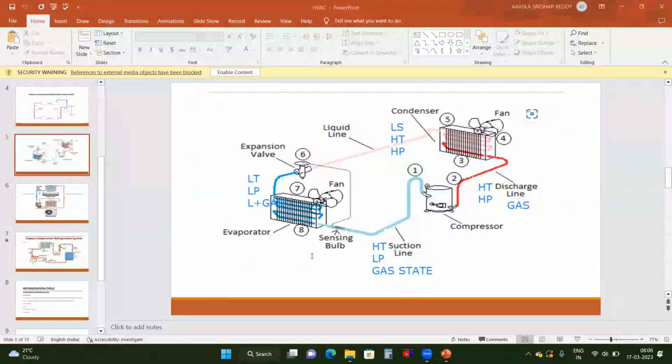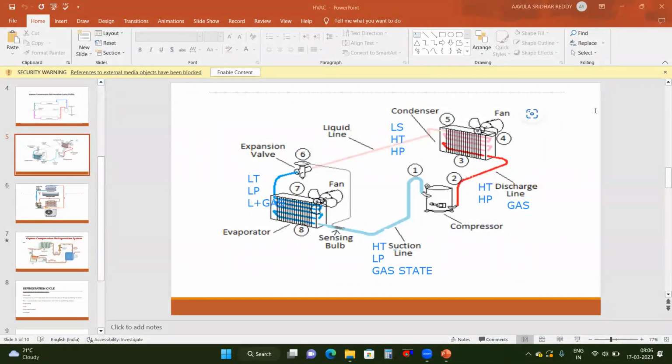Why? Because if it is not converted, the compressor will get damaged. When the fluid enters the compressor, it should be in gaseous state. If it is in liquid state, the compressor will be damaged. So it is not possible; after the evaporator, the refrigerant will be 100% in gaseous state.